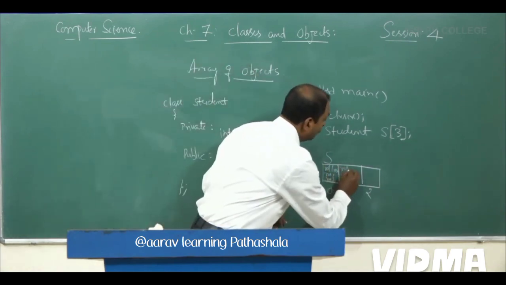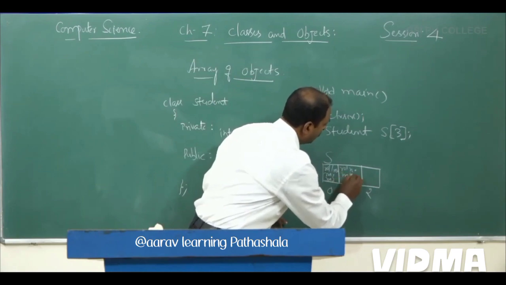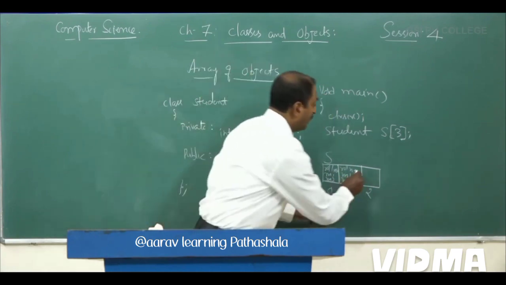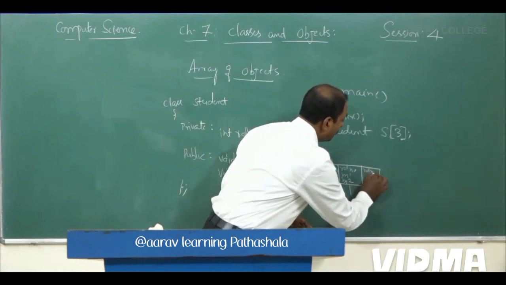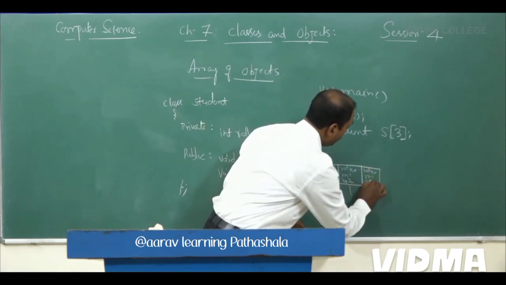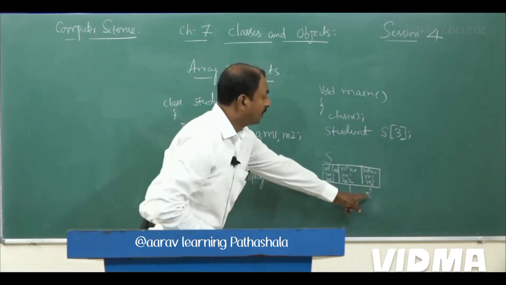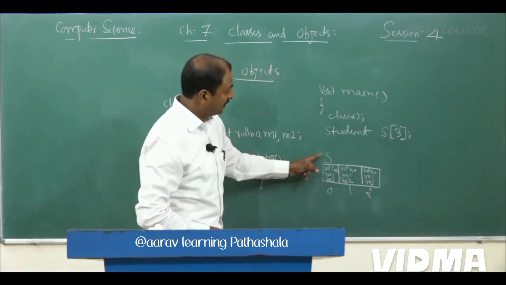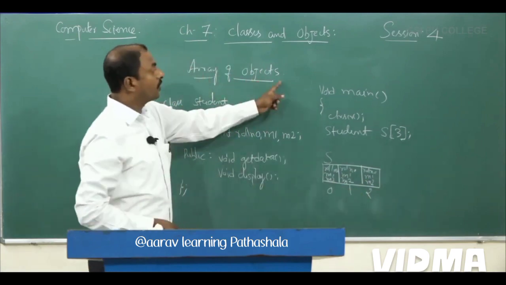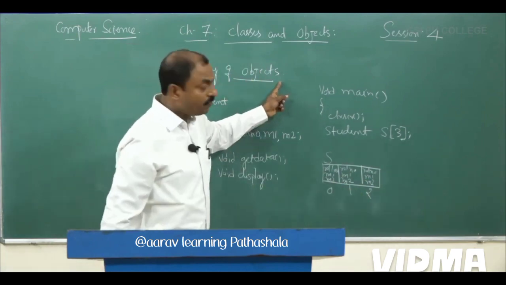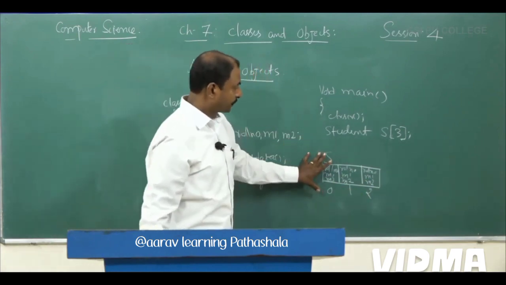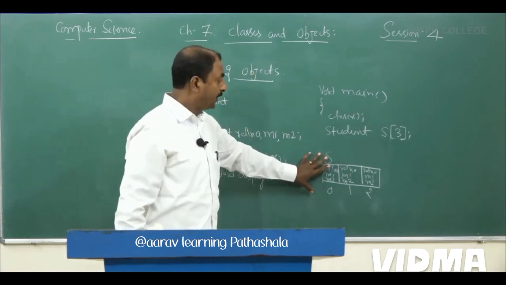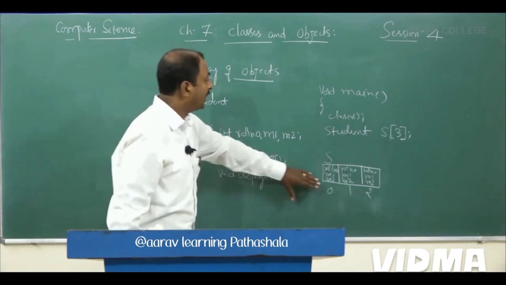Similarly, again here roll number, M1, M2, it is for the second student, and again roll number, M1, M2 is for the third student. So see, this is the meaning of array of objects.